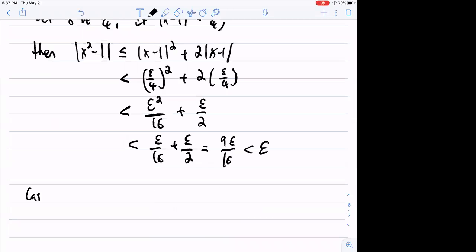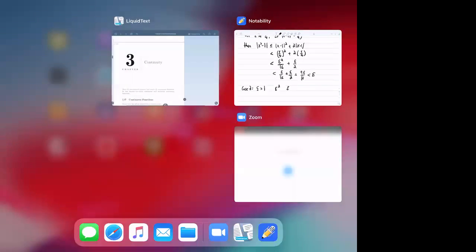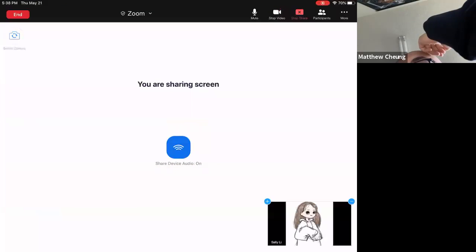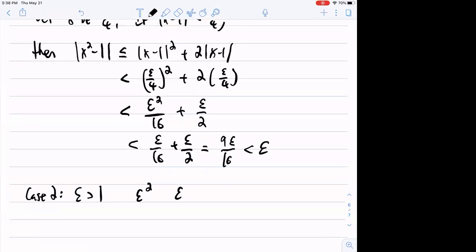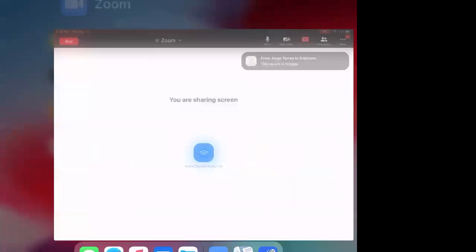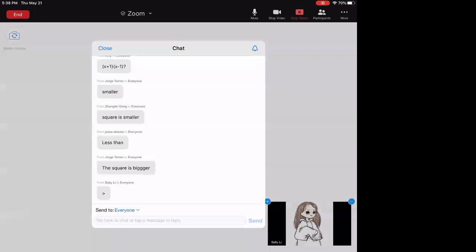So case 2, epsilon is bigger than 1. Then what can you tell me about the relation now? How does epsilon squared compare with epsilon? Yeah, the square is bigger.